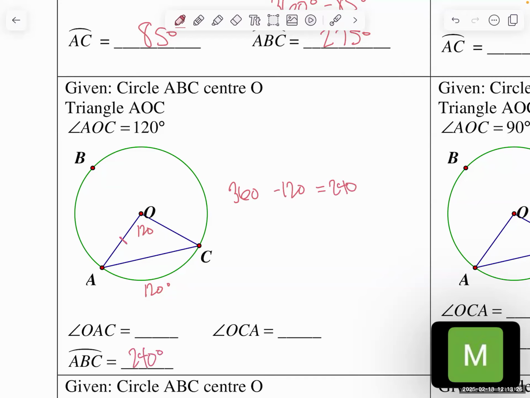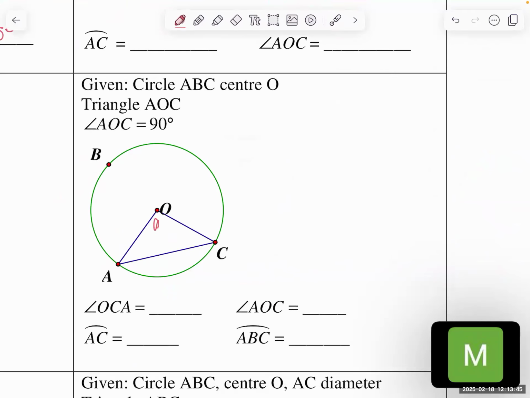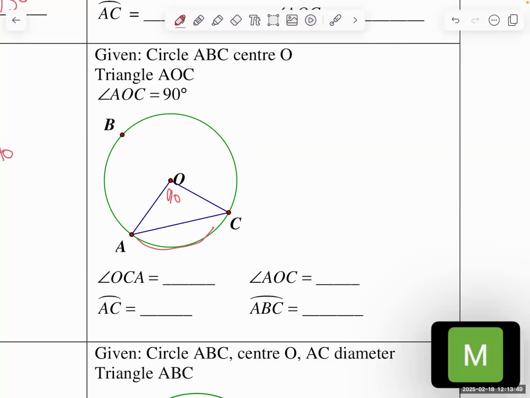Now, since those are radii, those are equal, which means since the triangle is 180, 180 minus 120 is 60, which means each of these is 30 because of equal radii. Likewise for this one, AOC is 90, which makes this 90. So AC is 90, which makes ABC 270.